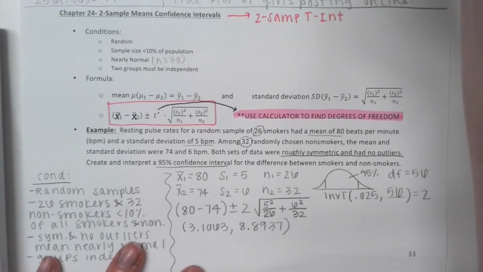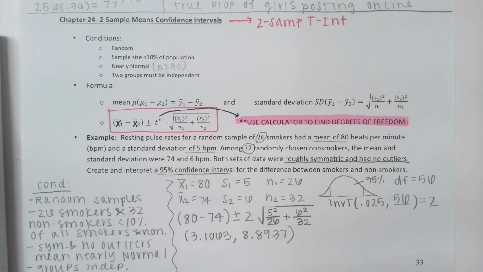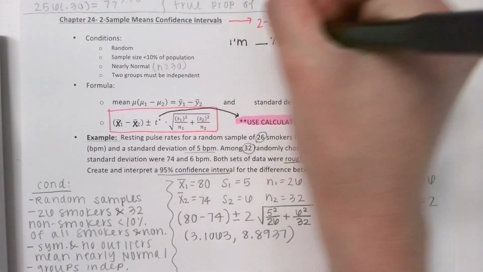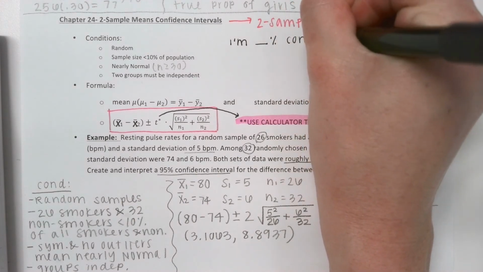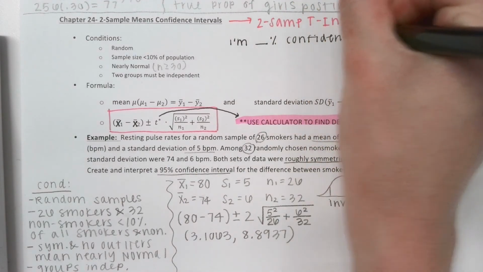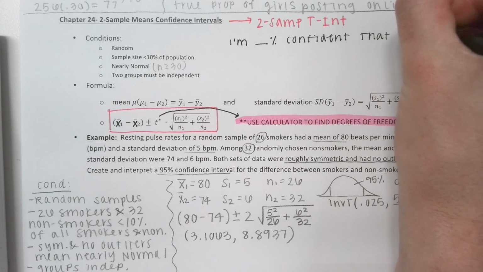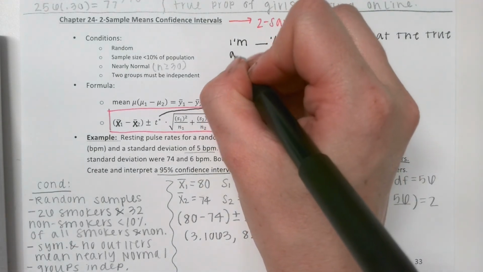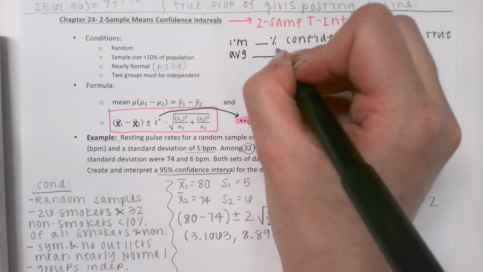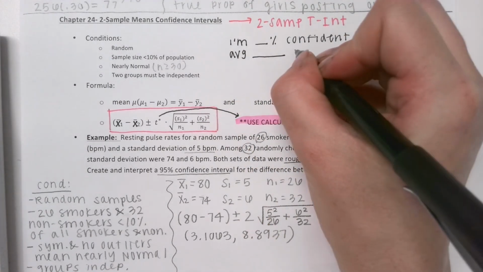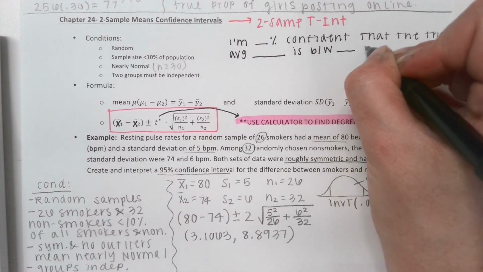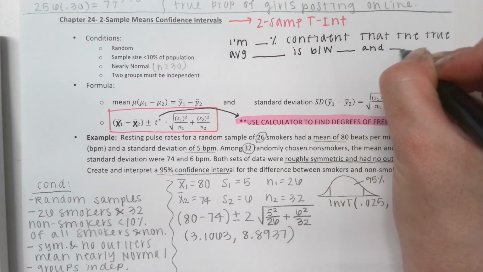I forgot to write the template up top, so we can go ahead and write that down as well. So I'm blank % confident that the true average blank, this is where you put whatever the first group is, between blank and blank.